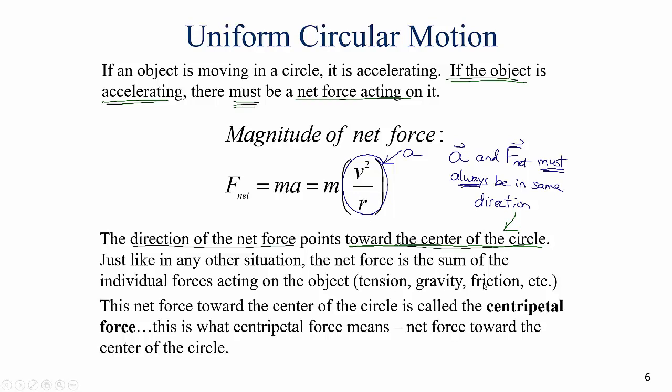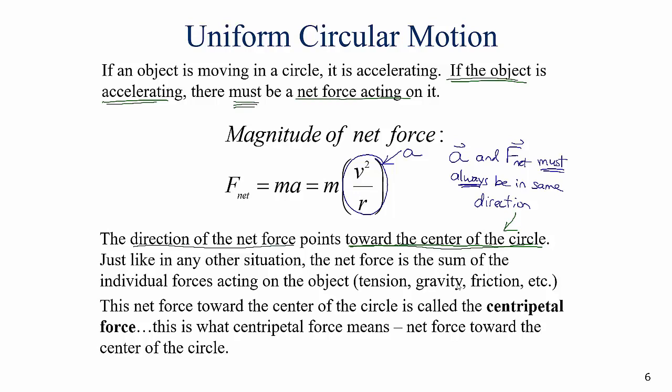You might have friction. You might have several of these forces acting on the object, and it would be the sum of those forces. So just like in other problems where the net force is the individual forces added together, we have to look at the situation and look at what individual forces are acting, and then we set those equal to mass times acceleration.